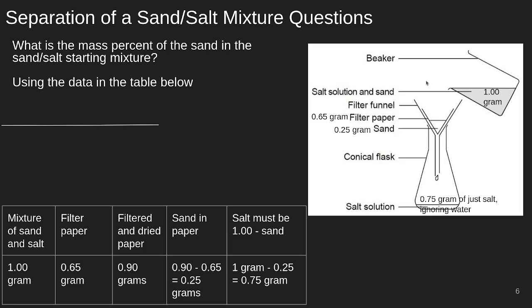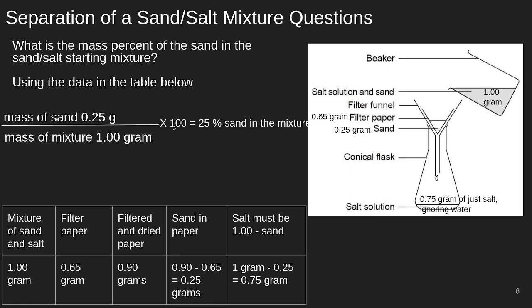So we know we had 1 gram of sand salt mixture, and 0.25 grams of the sand got stuck in it. So what percent is that? So you do mass of sand, which is 0.25 grams, over mass of the mixture, which is 1 gram, times 100 equals 25% sand in the mixture.